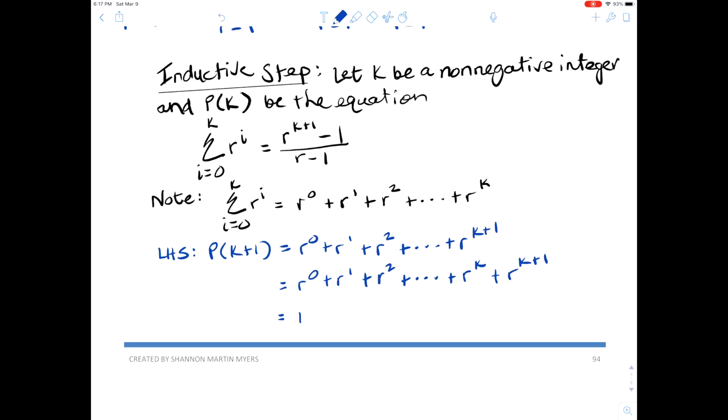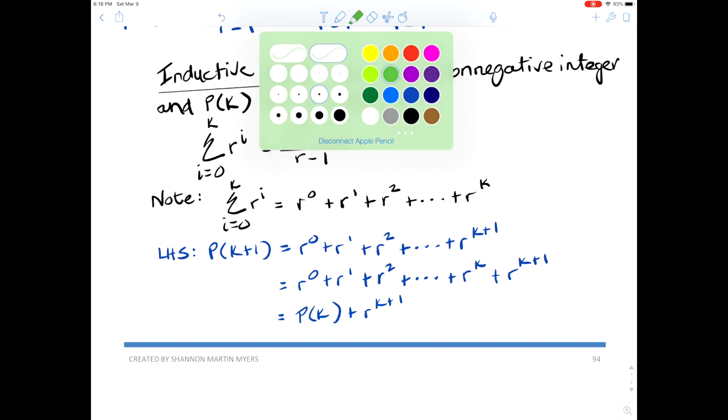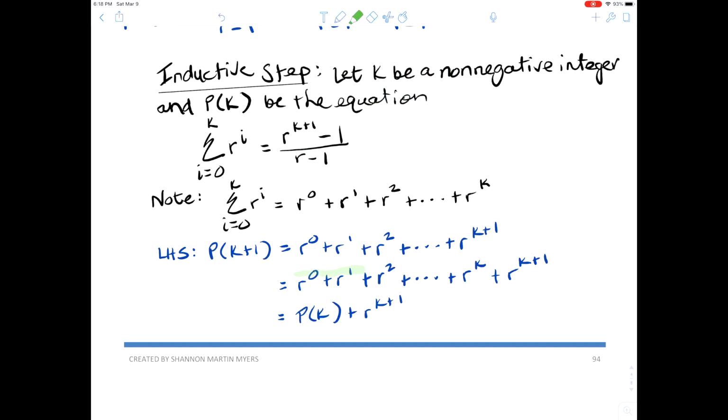Isn't that P at k plus r to the k plus 1? So all of this stuff here is our P at k, because P at k, remember, was this summation.